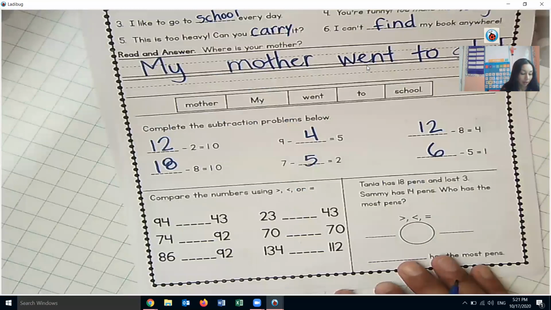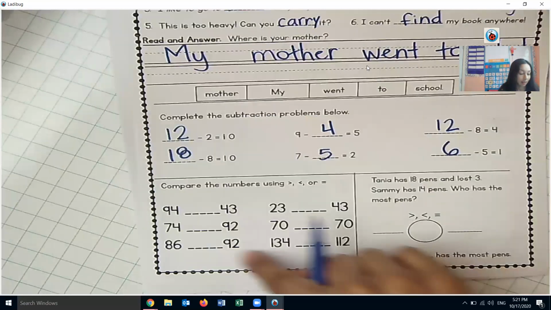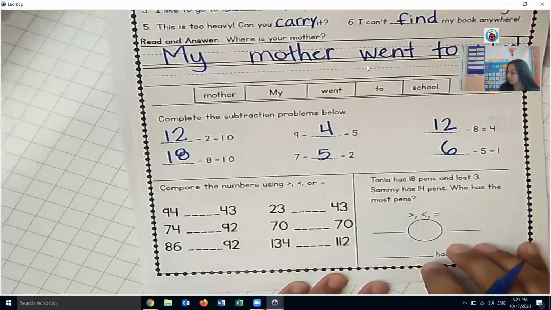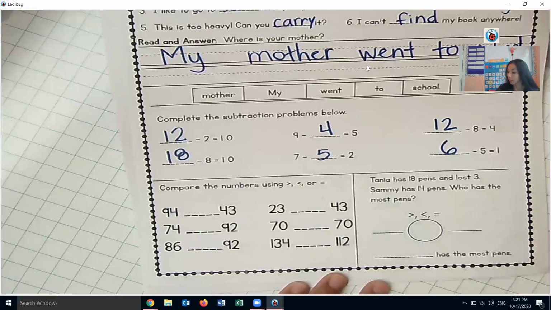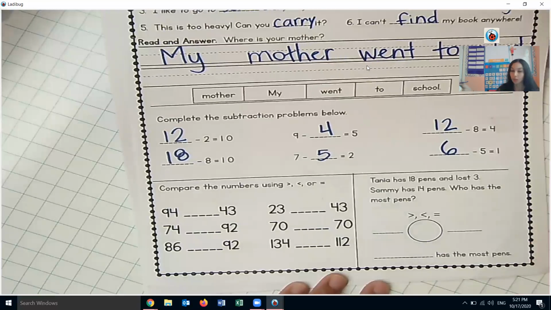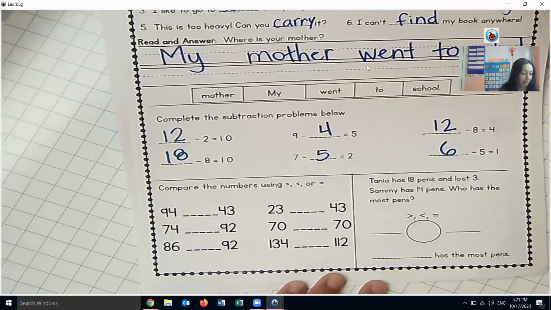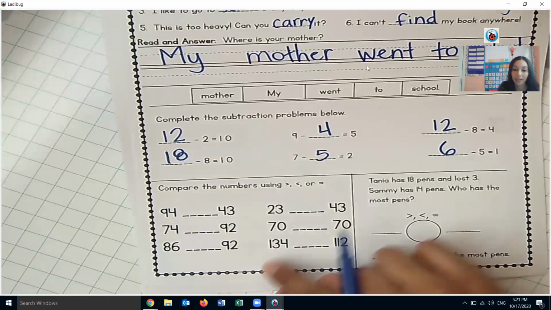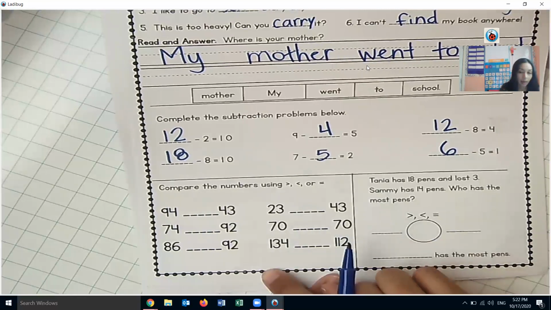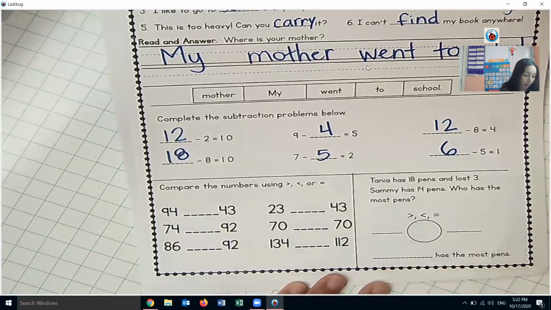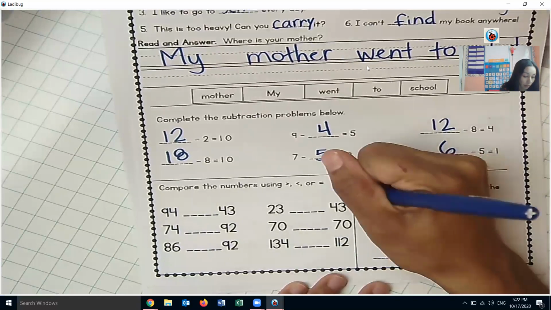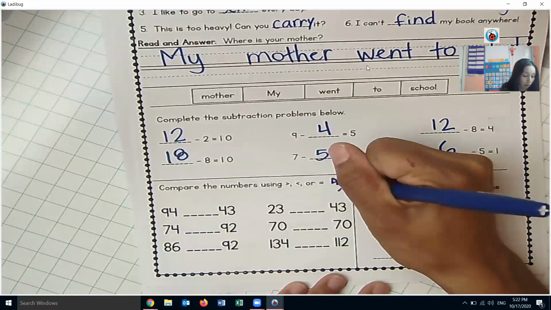Okay, so this here is our lesson for today. For math, we are going to be comparing numbers. So we'll get to talk about it during math time, but it's kind of cool that we get to practice it twice. So I talked about this yesterday, but our little open mouths, we're going to think about them as little alligator mouths.